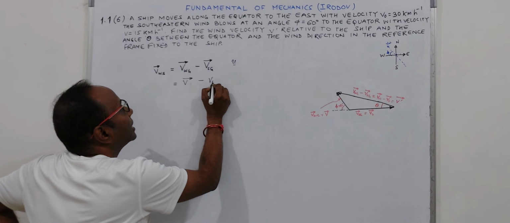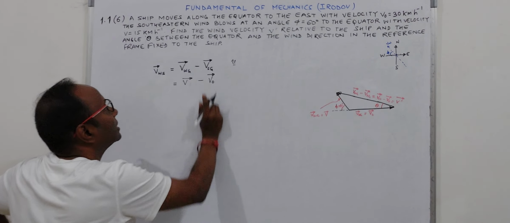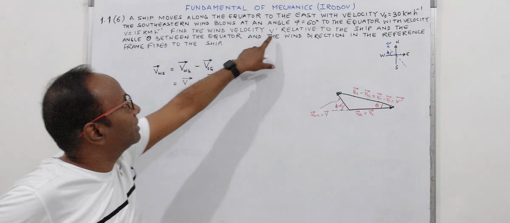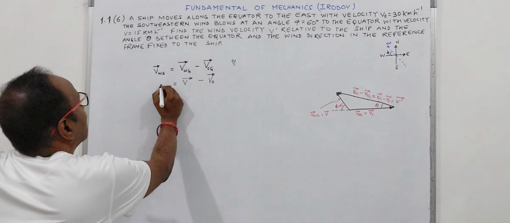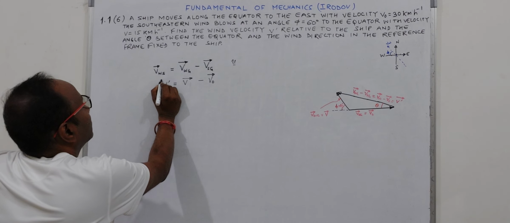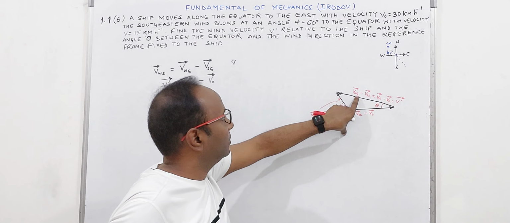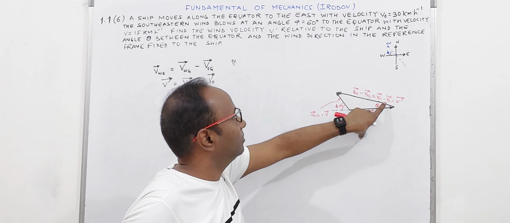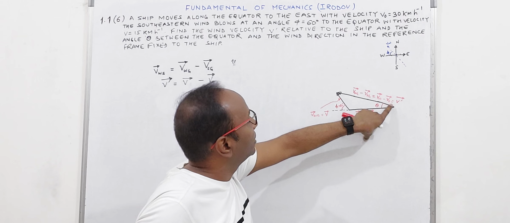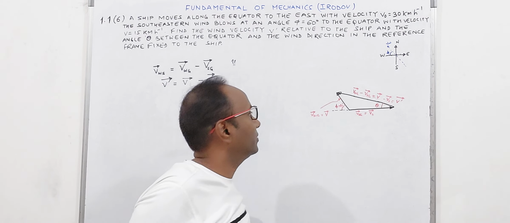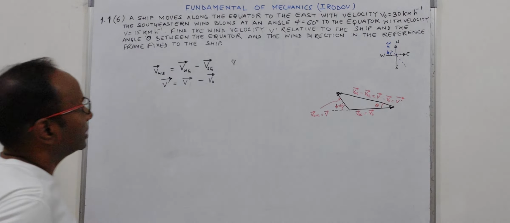And velocity of wind with respect to ship we write as v dash. So you can see vwg minus vsg, that is v minus v0 is equal to v dash.